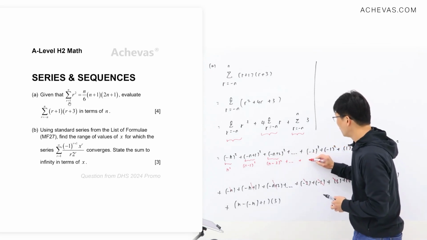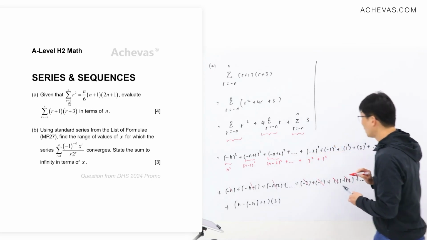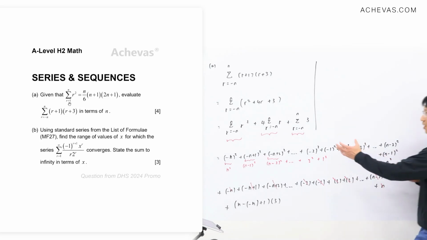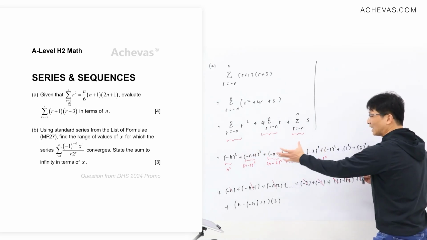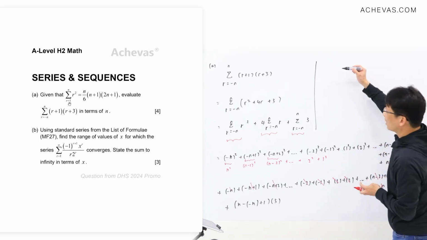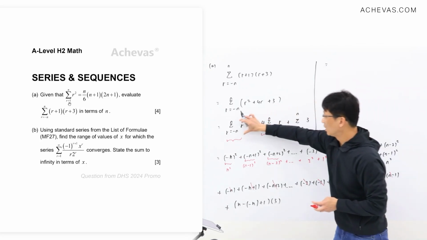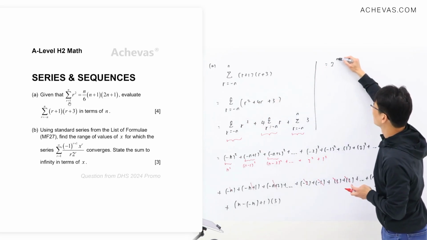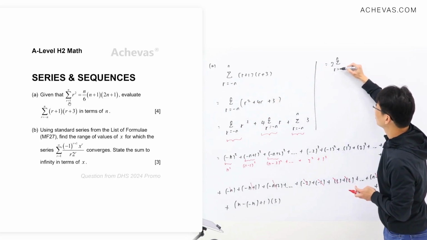This is also left with 2 squared, 1 squared. In fact, all these negative terms are exactly the same as all the positive terms. Therefore, I can rewrite this expression as twice the summation of r equals 1 to n of r squared.